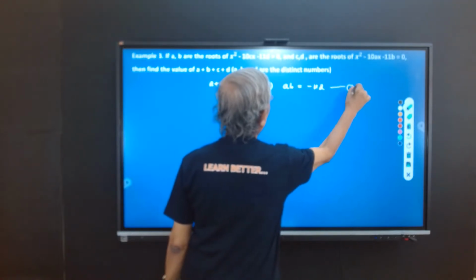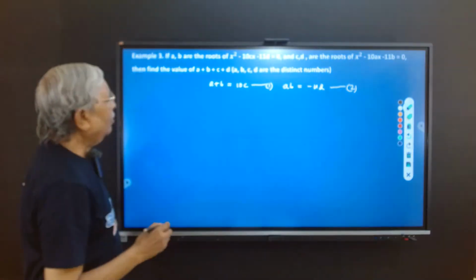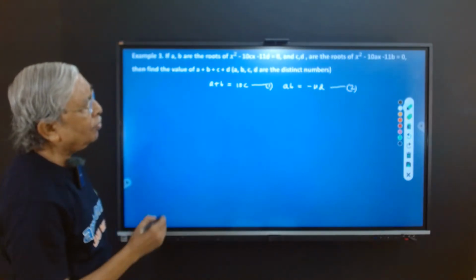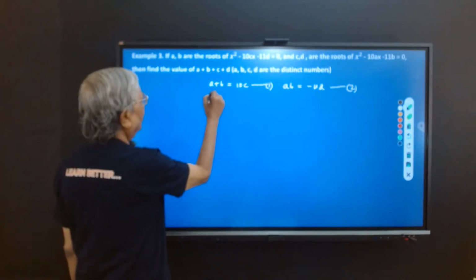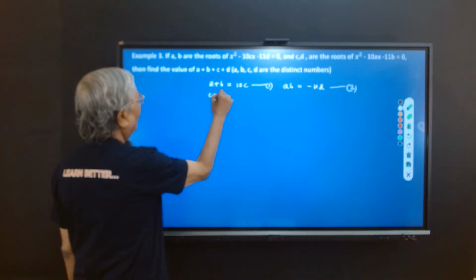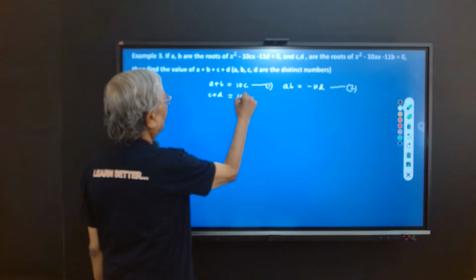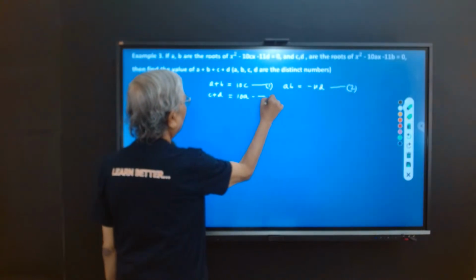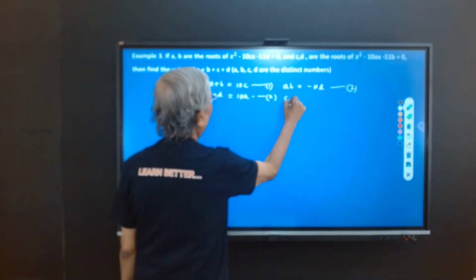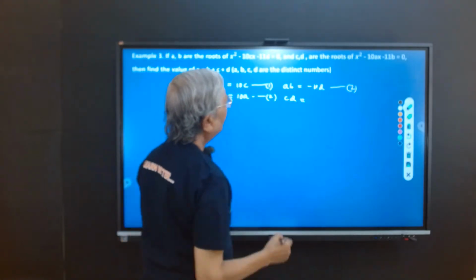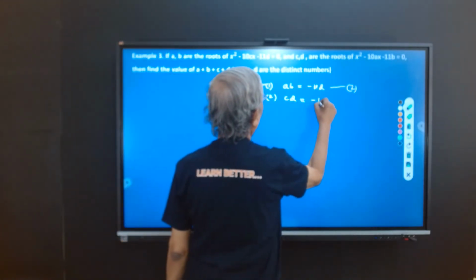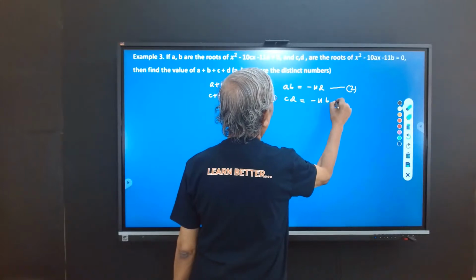This is our equation number 2. Next, you are given c, d are the roots of this equation, that is c plus d is equal to 10a and cd is equal to minus 11b.